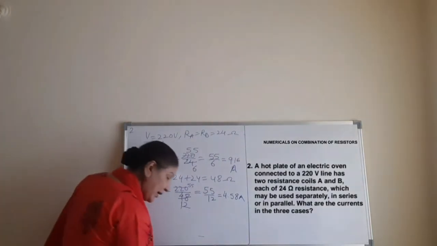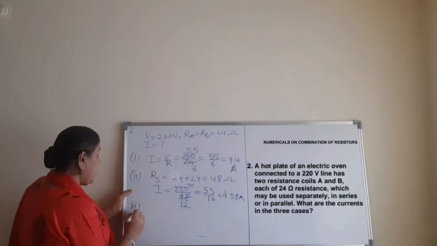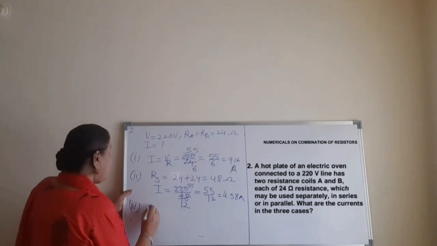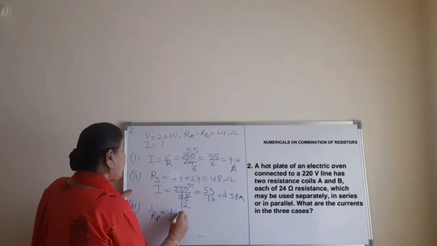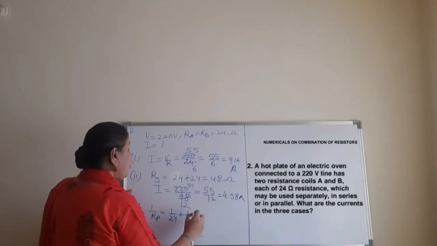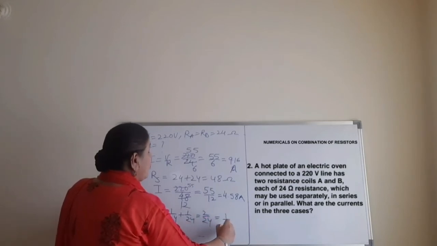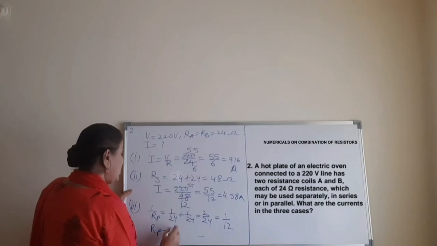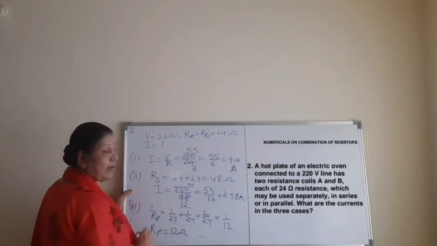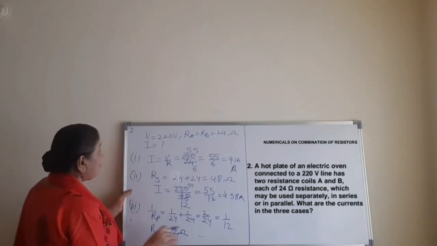Now third, when they are connected in parallel, you have to find. So in the third case, when they are connected in parallel, 1 upon Rp will be equal to 1 upon 24 plus 1 upon 24 equals 2 upon 24, which is equal to 1 upon 12. So Rp will be equal to 12 ohm.